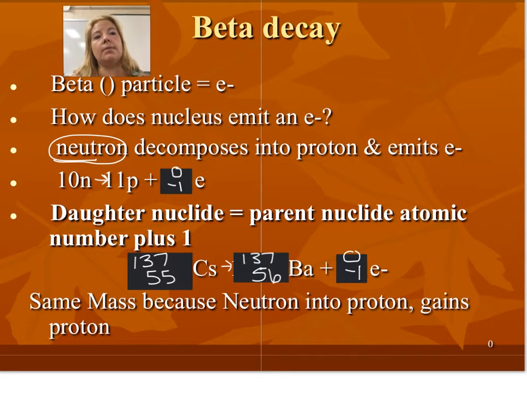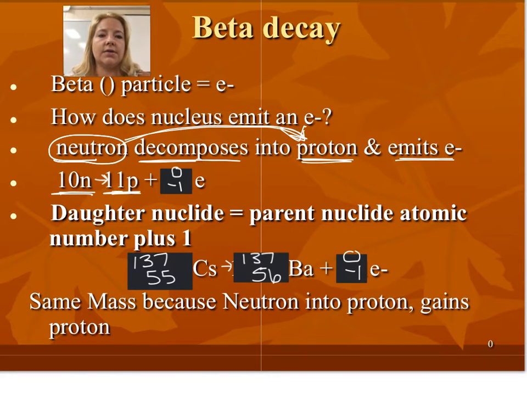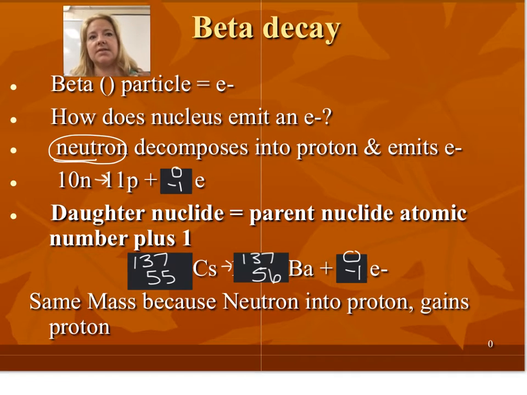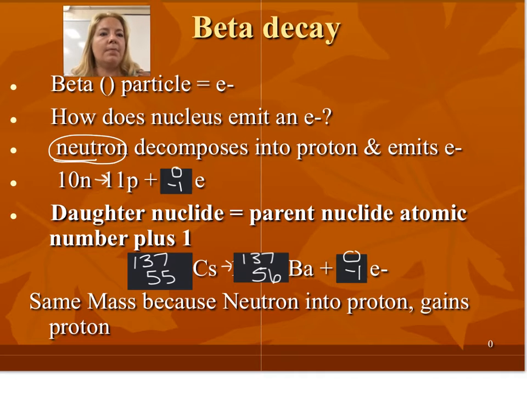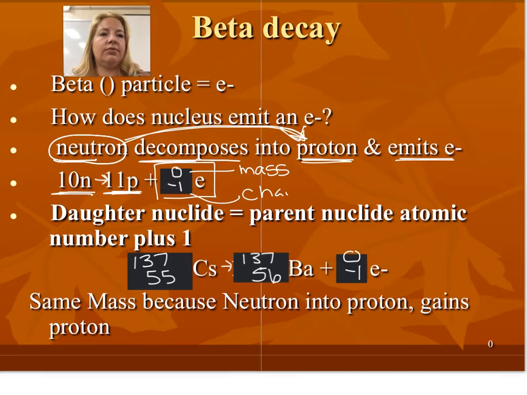But we are going to emit an electron, and we are going to gain this proton that it decomposed into. And so if I have 10 protons before beta decay, I'm going to have an extra proton. So now I'm going to have 11 protons instead of the 10 protons that I had before, and it's going to break down, and I'm going to release that electron right here that has no mass, and it has a charge of -1.